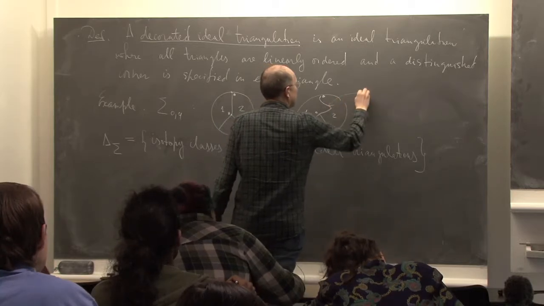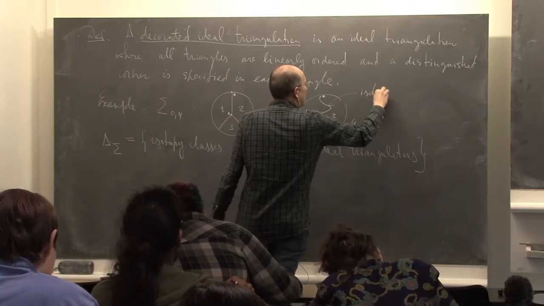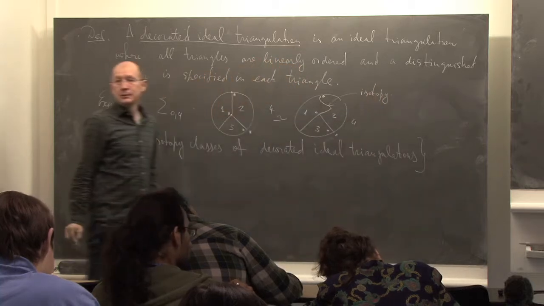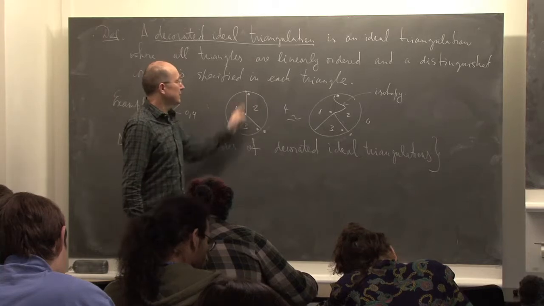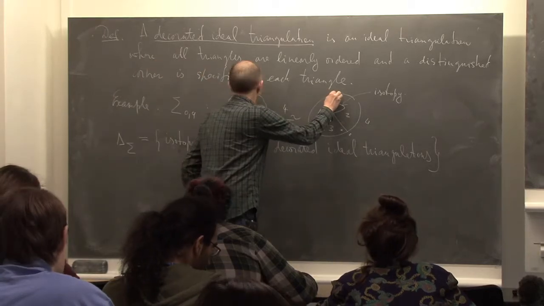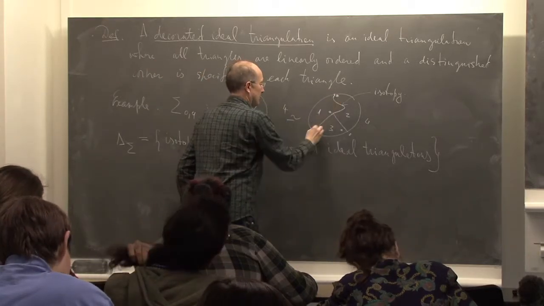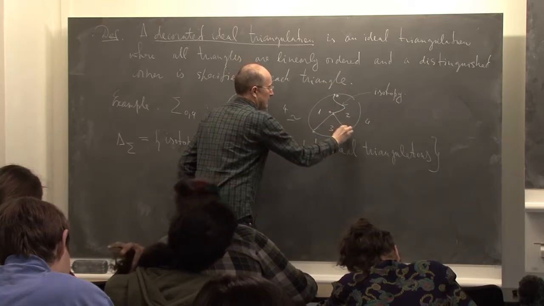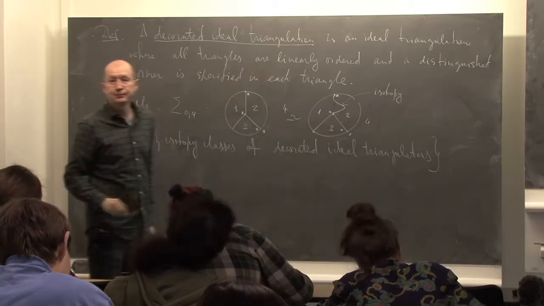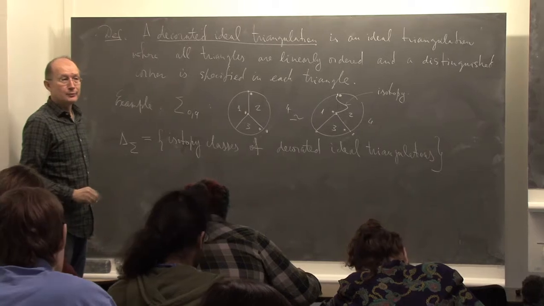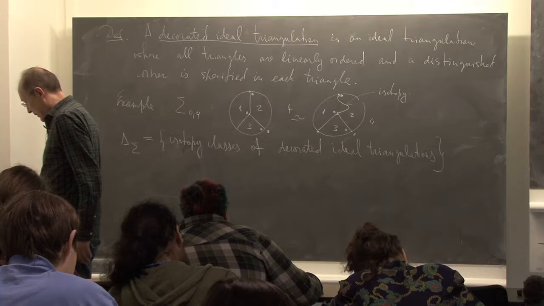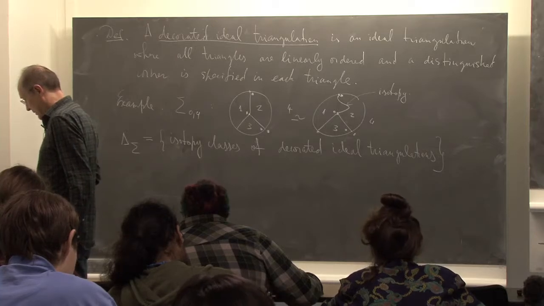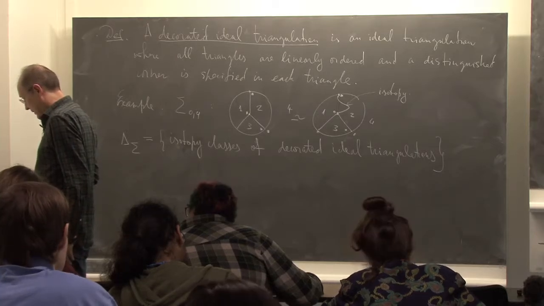This is isotopy. So I have deformed this vertical edge like this. Okay, so no questions? Okay, this set is delta sub sigma.